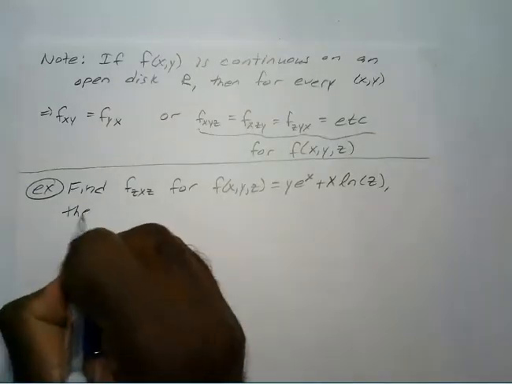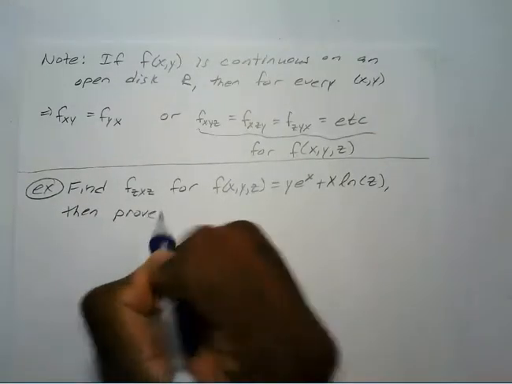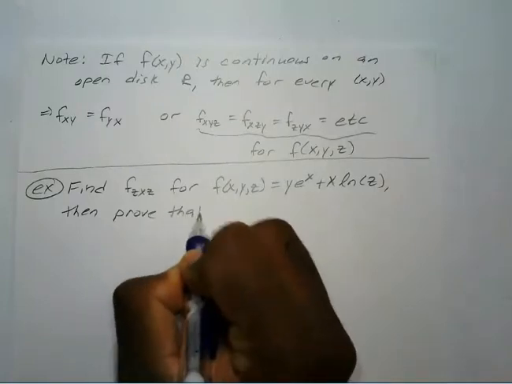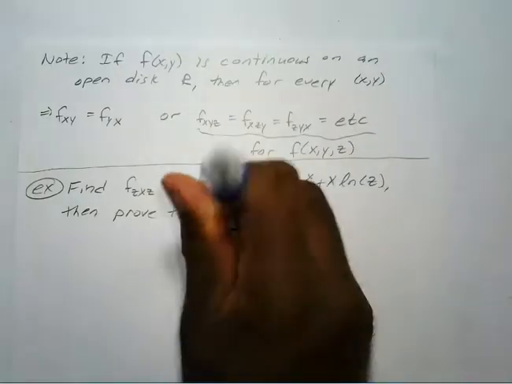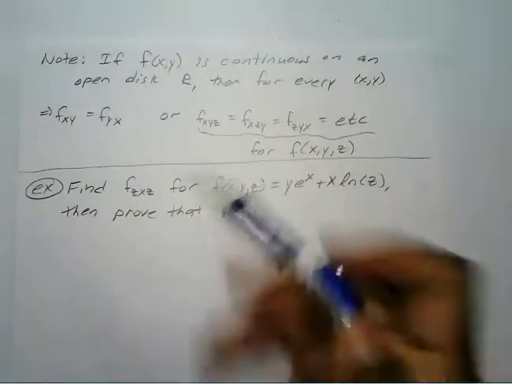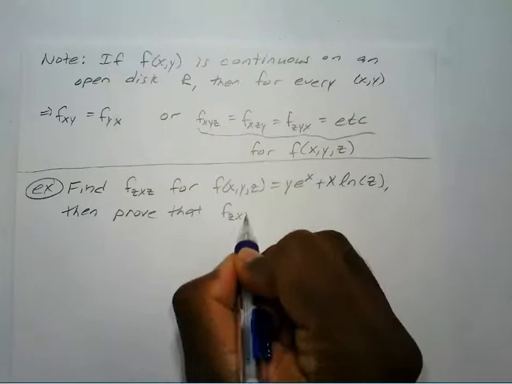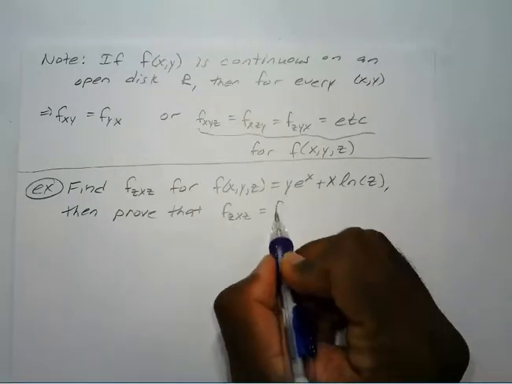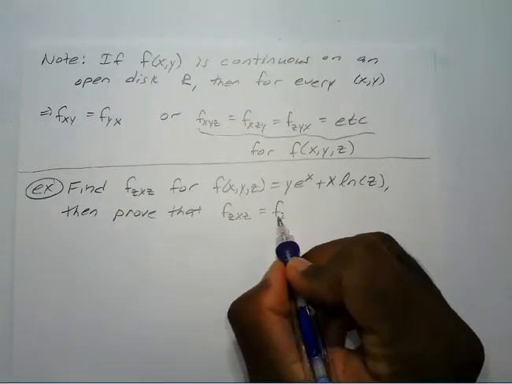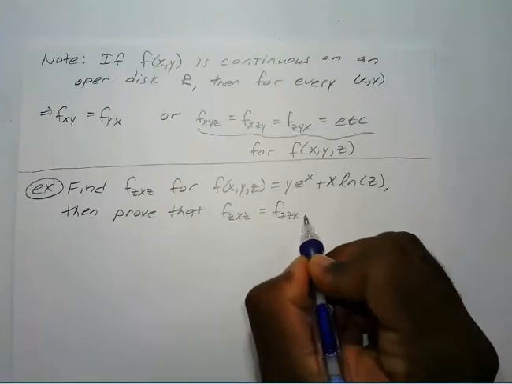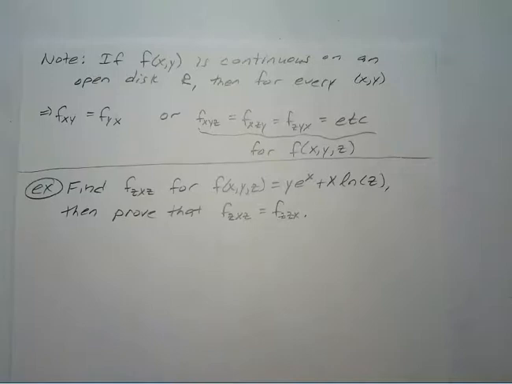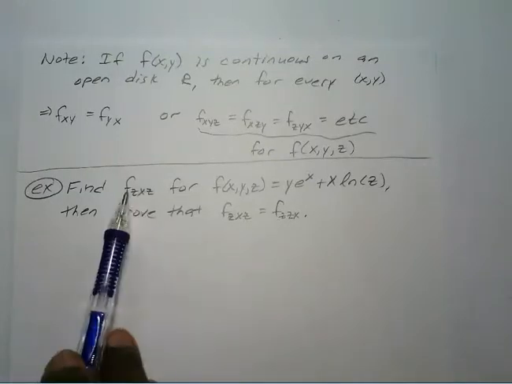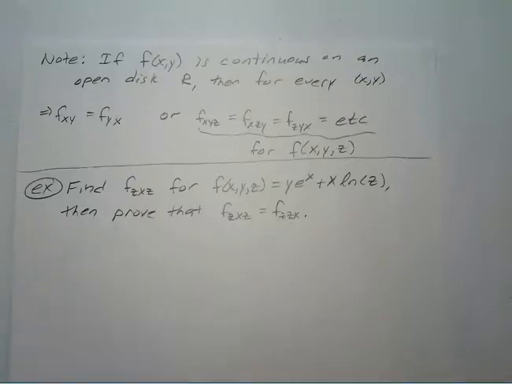Then we want to prove that the partial with respect to, let's say, z, x, z is equal to the partial with respect to z, z, x. So we just mix those up. We want to show that they're the same. But first we have to find the partial with respect to z, x, z.